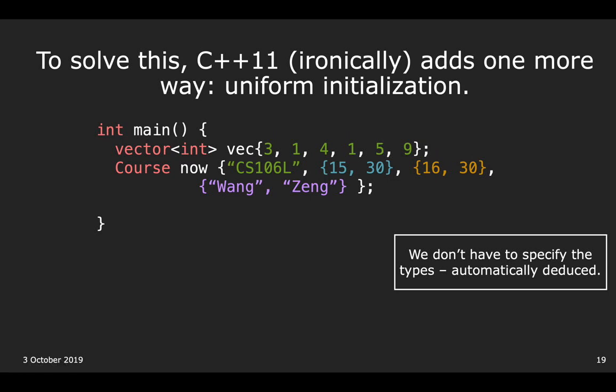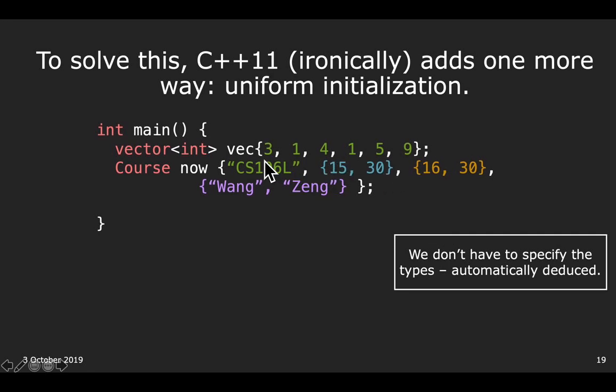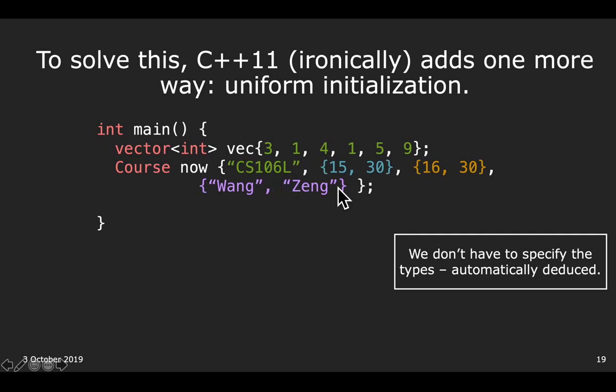Now vectors and courses are different kinds of things, but there's one generic way to initialize all sorts of different objects. If you notice here, we're initializing a lot of different kinds of objects. This is a time struct, this is a string, this is a vector, but they can all be initialized in the same way using the curly braces. Oh, okay. Yeah.